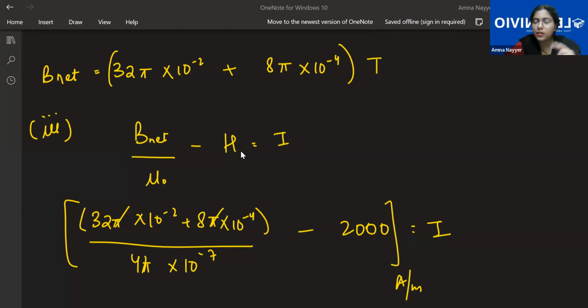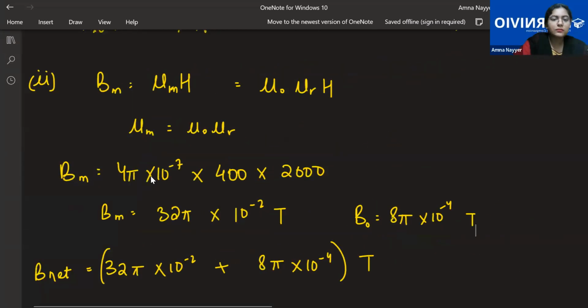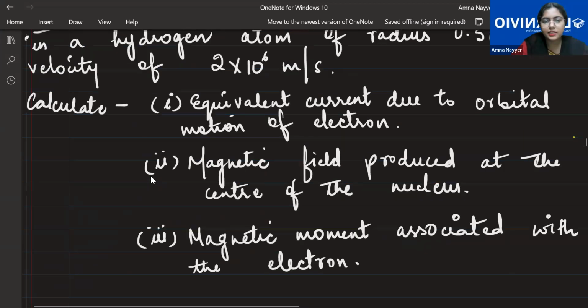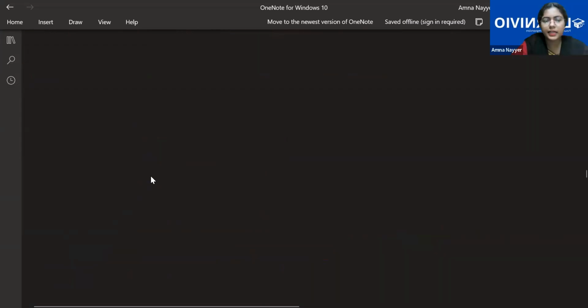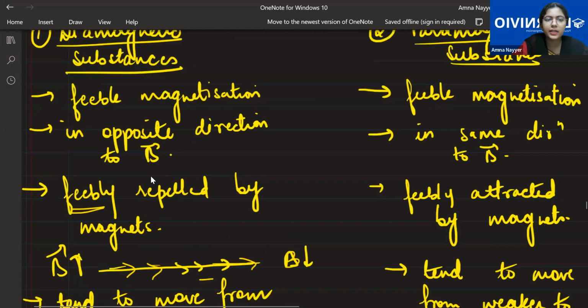But for the second one, let's just discuss the materials. I hope you have written it till here, all of you. Yes, ma'am. Okay. So I'll just discuss the magnetic materials with you. That you have to remember it from your end only.